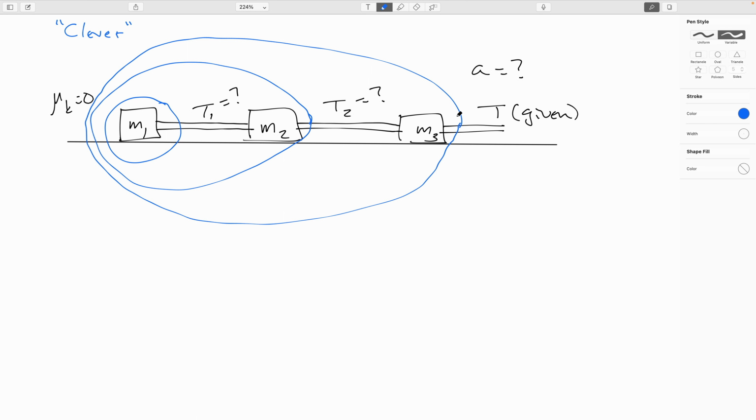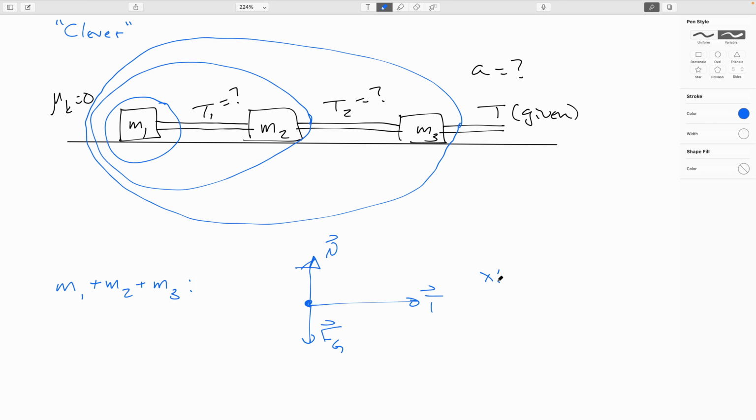It turns out this is going to be a lot easier to analyze the problem, because immediately I can draw a free body diagram for the combined system, M1 plus M2 plus M3, this line here. Looking at the force identification diagram, we cut through here and we get normal force and gravity. So I have my normal force up, gravity down, and tension to the right.